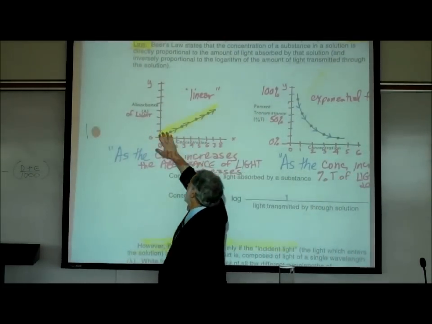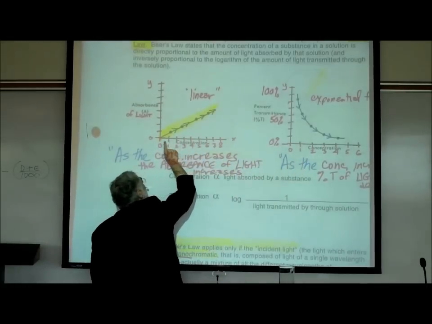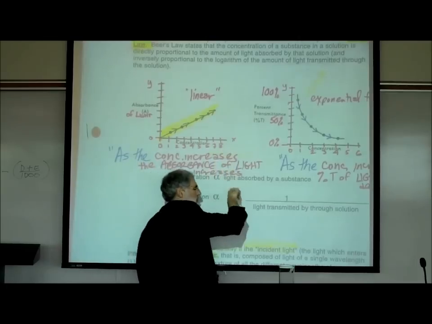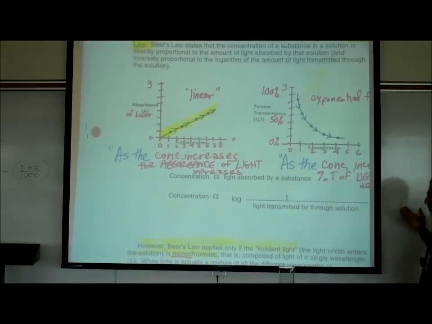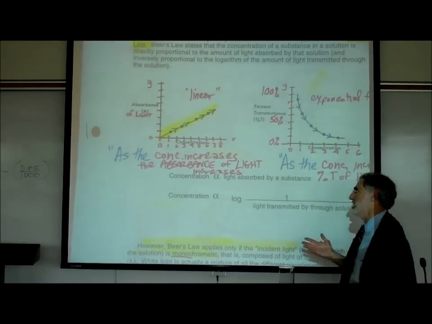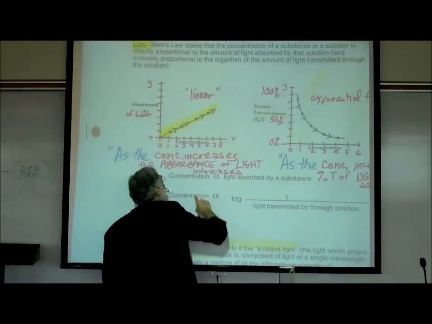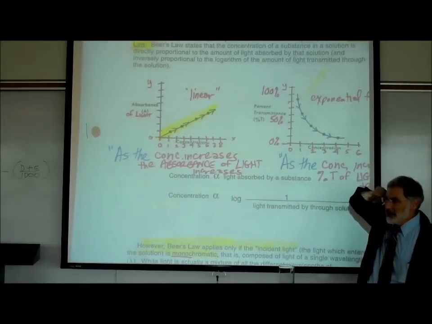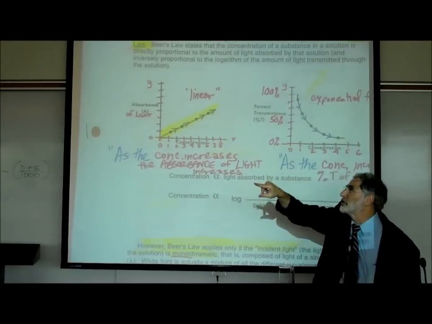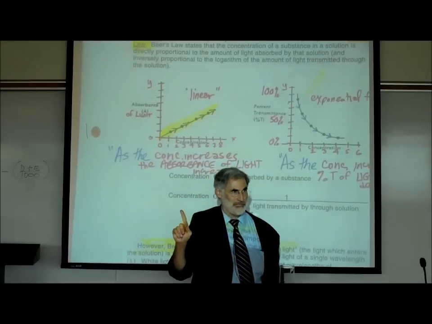So you'll notice that on this graph line, again on the x-axis, it's identical. It's showing increasing concentration of the solute in a solution, whether it's sugar or potassium or cholesterol, whatever it is. But what's now plotted on the y-axis is rather than percent transmittance of light, rather than how much light gets through the solution, it's how much light is absorbed by the solution.